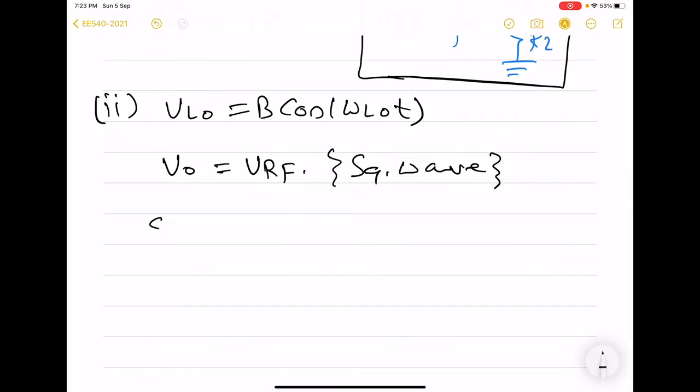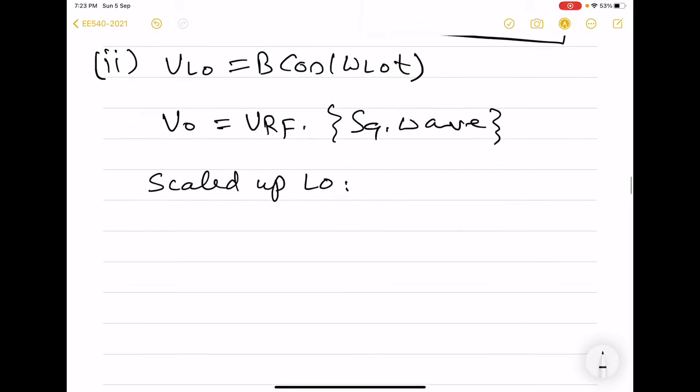Now we take scaled up LO, and in this case our VLO we will be calling as VLO1. This becomes K into B cos omega LO T. So we have scaled up the amplitude.